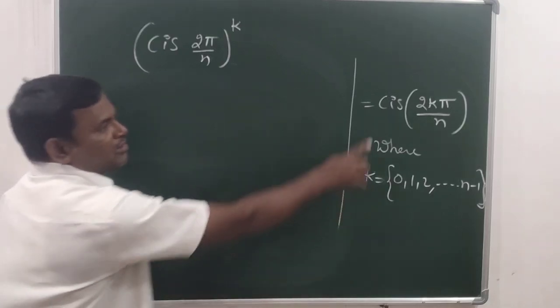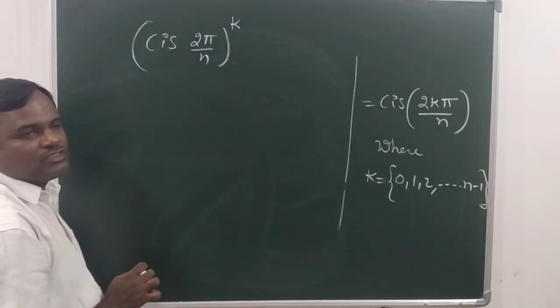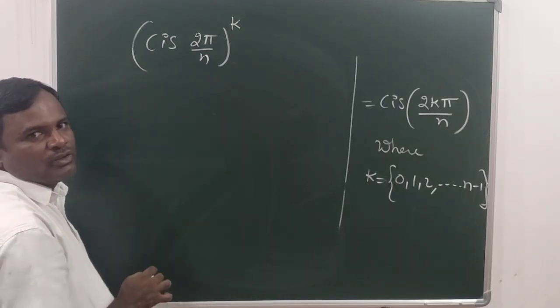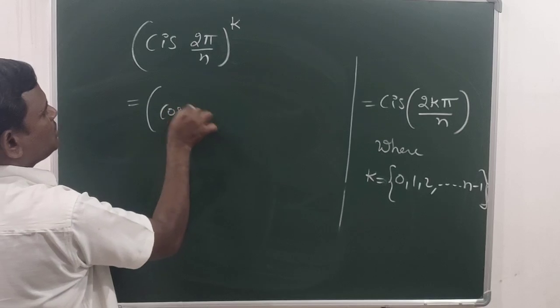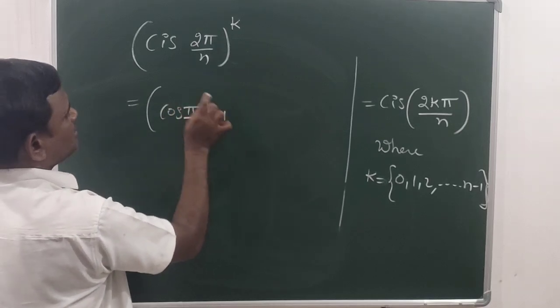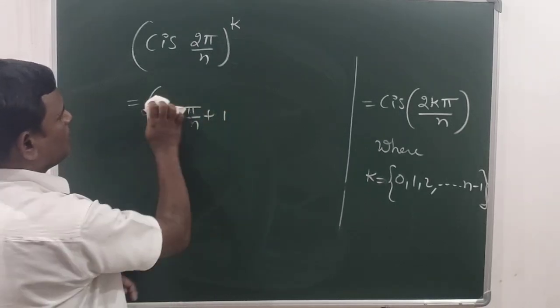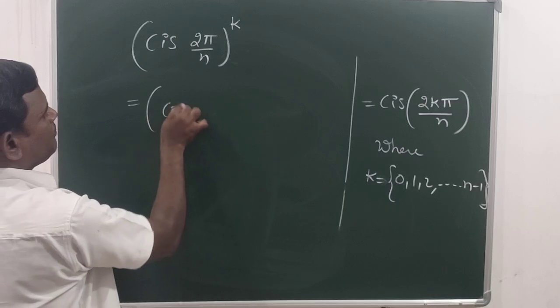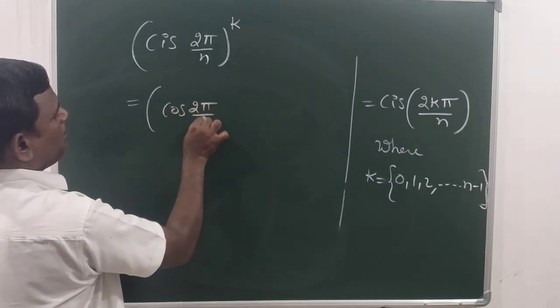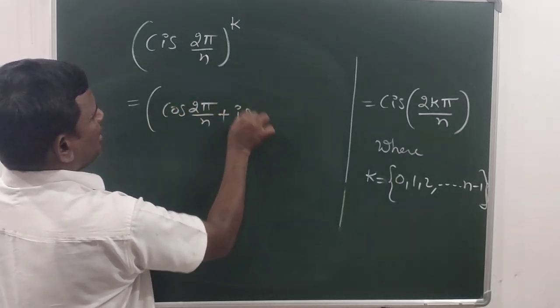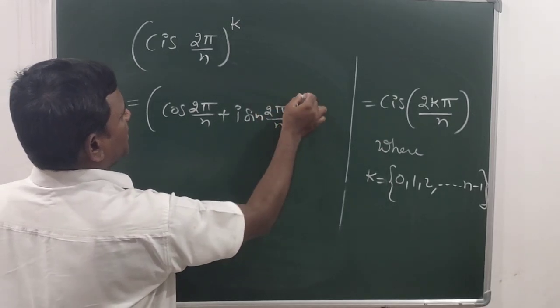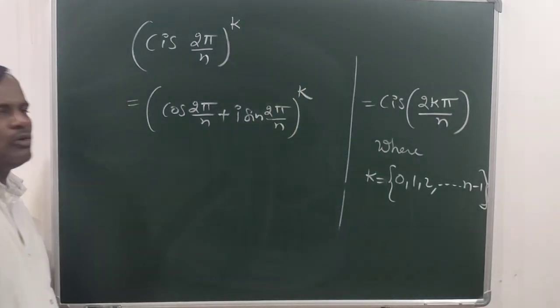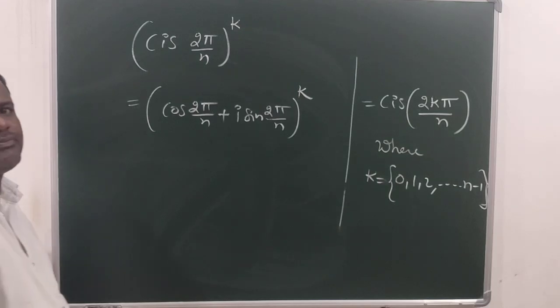Now this can be transformed into this form. So what you have got inside? Cos 2 pi by n plus i sin 2 pi by n, whole power k. Whole power k you have got.